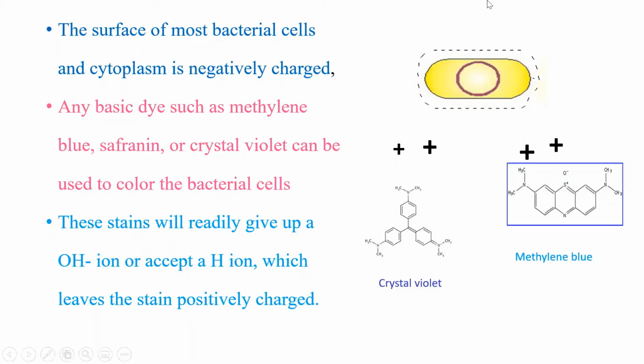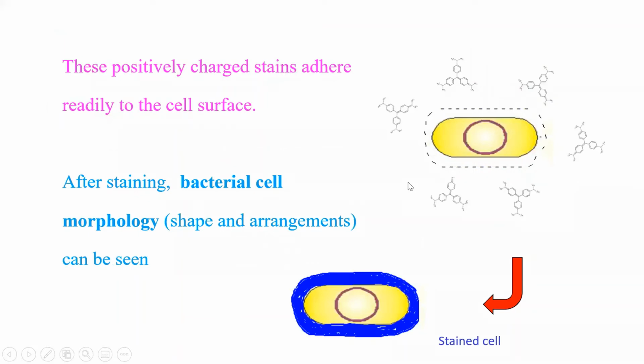So we can see here the negative charge on the surface of the bacterial cell and the positive charges of the crystal violet or methylene blue stain. These positively charged stains adhere readily to the cell surface, and after staining, bacterial cell morphology, that is the shape and arrangement, can be seen.